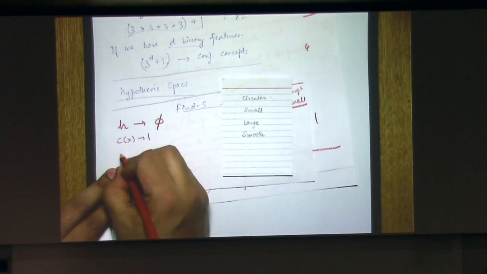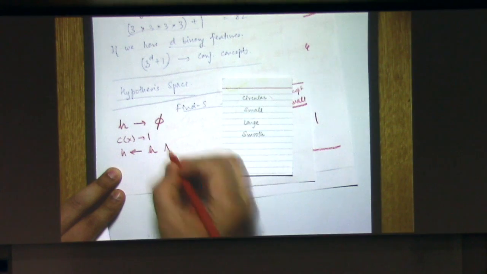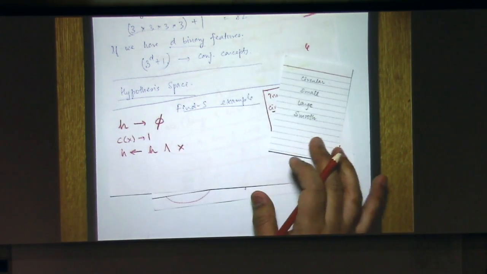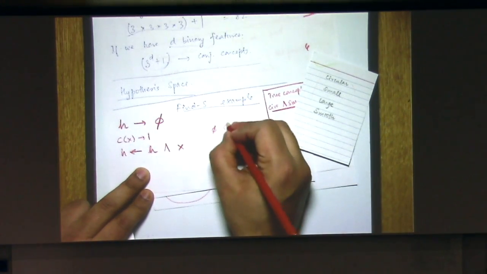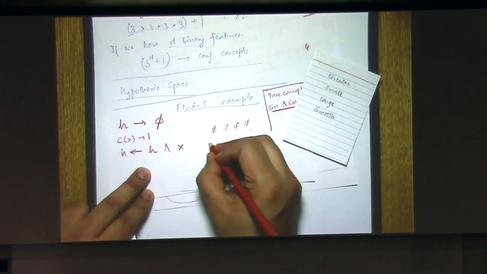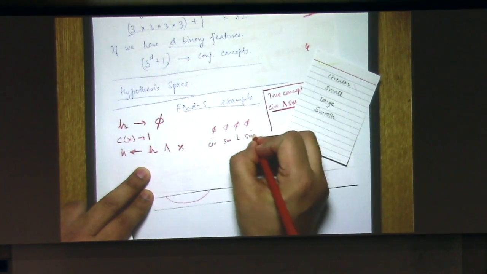So what I'm going to do is change my H to H pairwise AND with this X. How do we do that? In the beginning, H is just phi, or we can write 4 phis here, one for each location, and X is circular, small, large, and smooth, right?